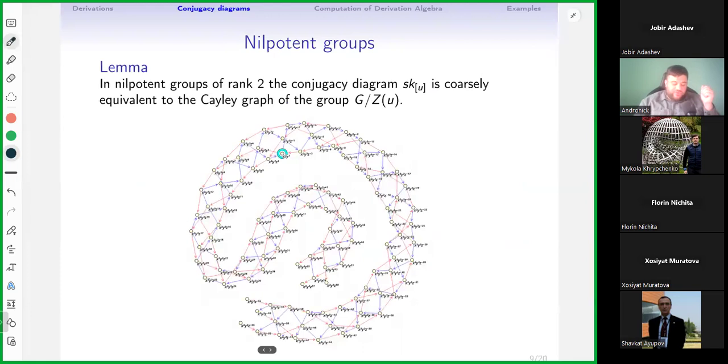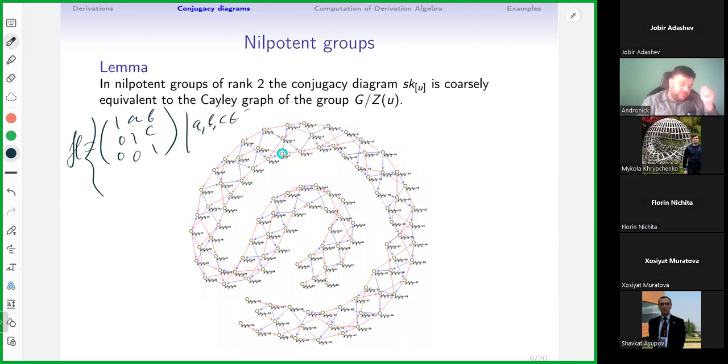For example, this is a conjugacy diagram for the Heisenberg group, the group of unitriangular matrices. You can see that it is coarsely equivalent to the real line.